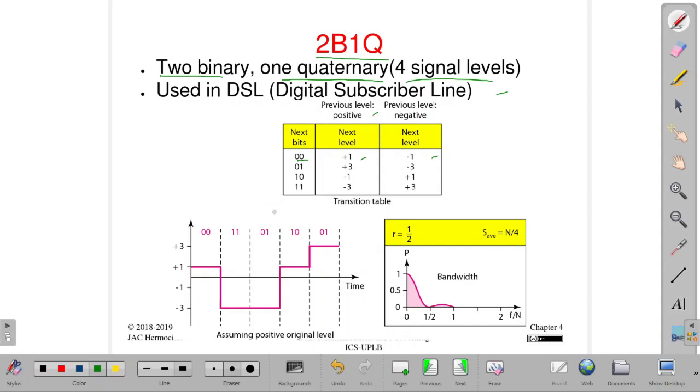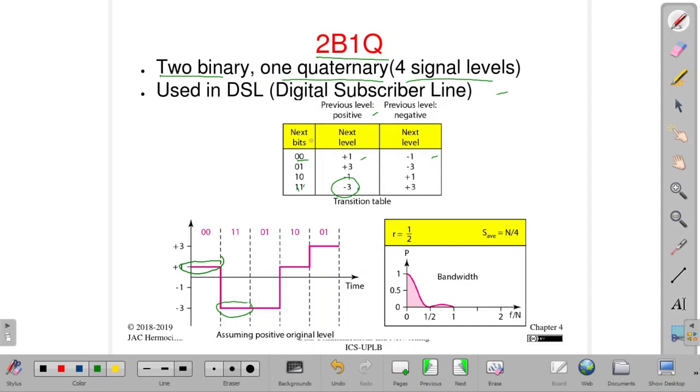So let's take a look at an example. Let's consider 1, 1. The next bits are 1, 1, and the previous level is positive. Therefore, the signal level that we're going to use is negative.